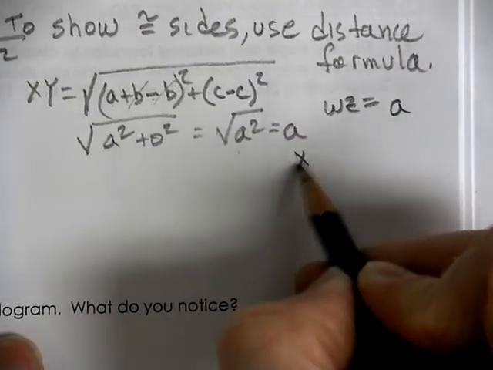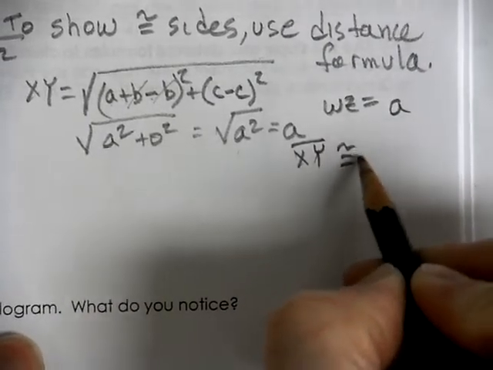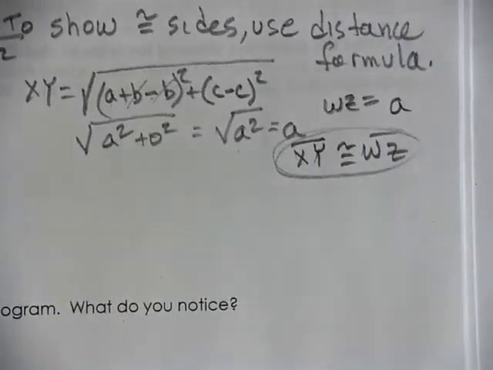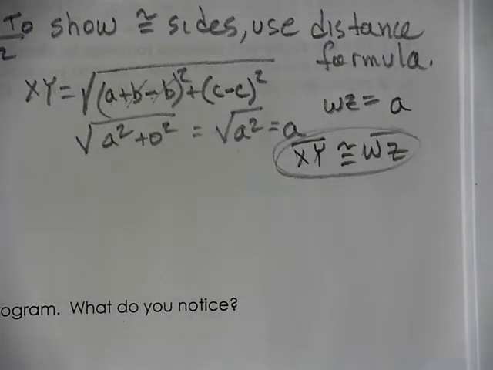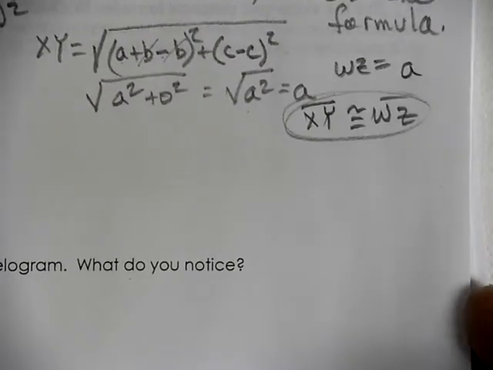So we know that segment XY is congruent to WZ. So we showed 2 sets of sides congruent. And that's done.